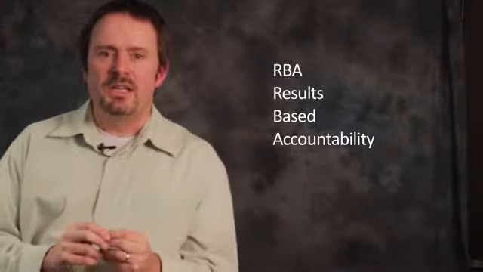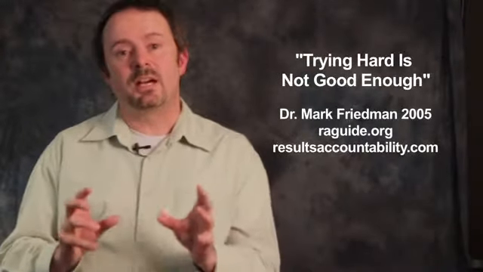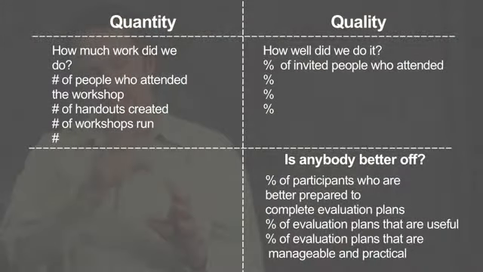Now in the RBA model, they have this table that's really helpful in sorting out what kind of indicators you really need for your program. You can see across the top it has two columns. The one on the left says, how much work did we do? The one on the right says, how well did we do it? And the one on the bottom right asks, is anyone better off as a result?